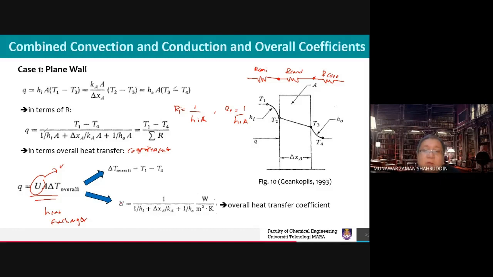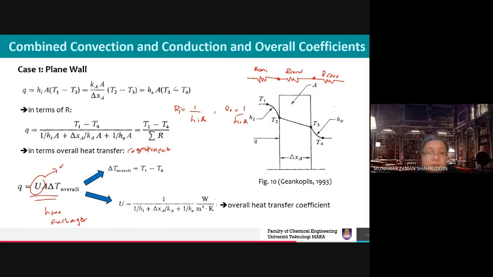For the purpose of this chapter, because this is the chapter on conduction, we are emphasizing more on conduction compared to convection. We will have a special chapter on convection after this. So for the time being, we stick with conduction first.